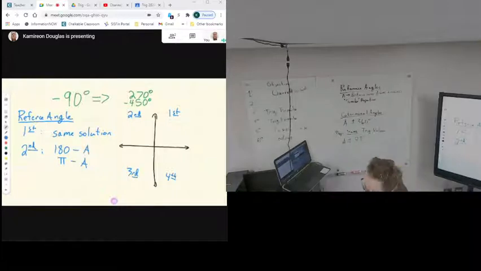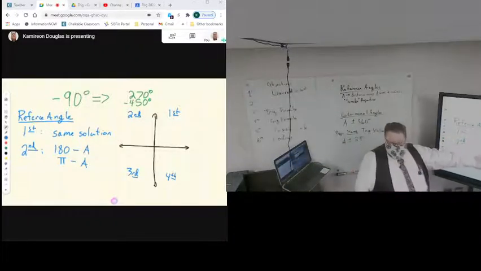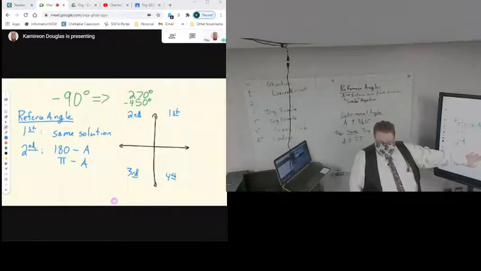This little formula guarantees your solution, no matter how complex the number is. So, for example, if I was to ask you about, say, 97.1 degrees, what's the reference angle? I can plug 97.1, since it's in the second quadrant, into this top formula and get a solution.